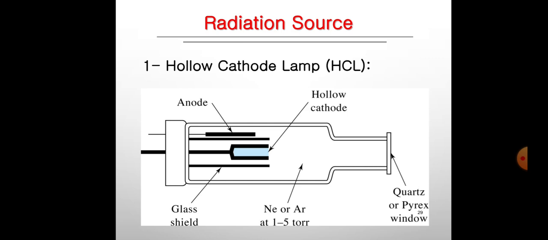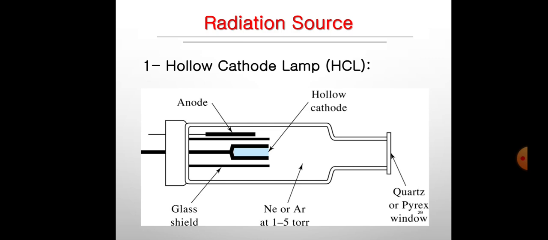This phenomenon is called sputtering. So by sputtering of the metal atoms into the vapor phase, some of these atoms are excited and emit the light. So the lamp will be turned on in this method. In this way, we will have a light that has exactly the emission lines of that special element.